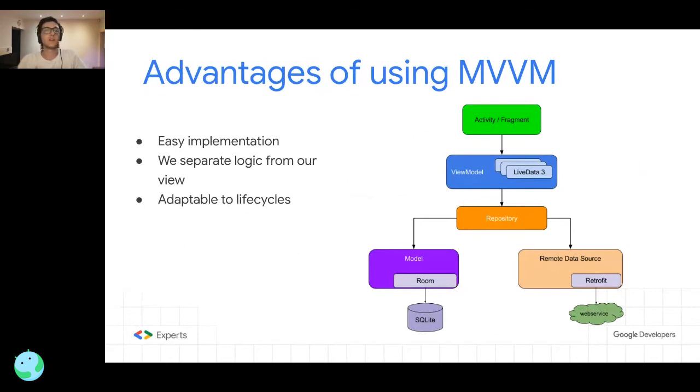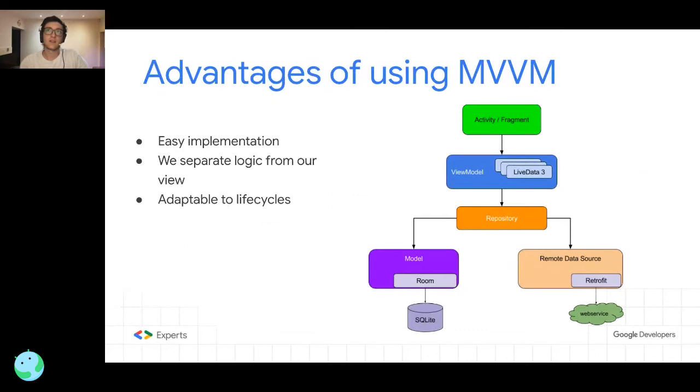For example, the UI layer, where the activities and fragments live. Then we have the presentation layer, where we have the view models and the live data. Then we have the repository layer, which decides where to pull the data from. And the last layer is the data layer.